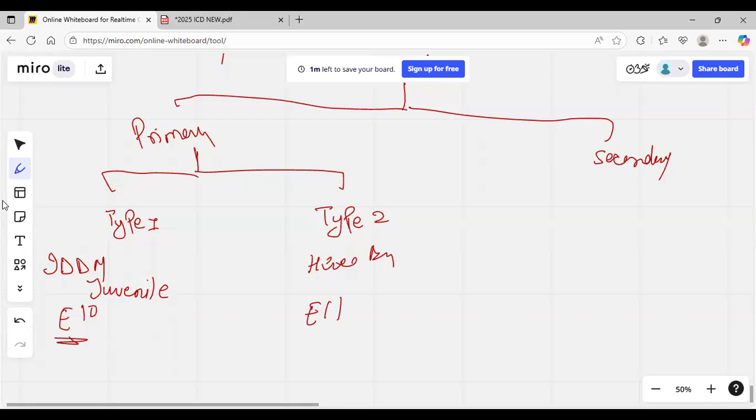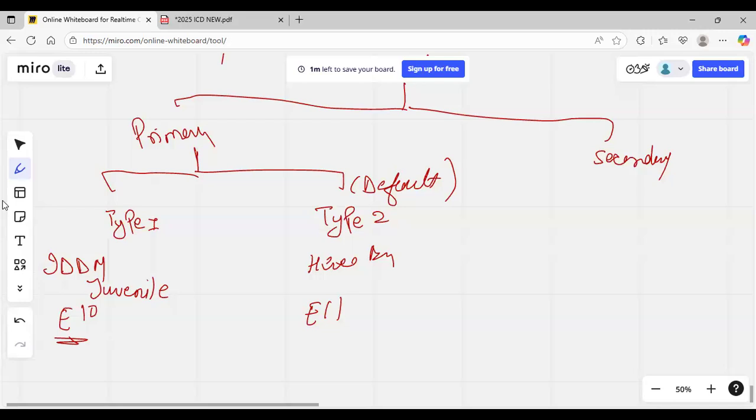When the type of diabetes is not documented, by default you have to consider it as type 2 diabetes. So whenever the type of diabetes is not mentioned, you will bill type 2 diabetes, with codes from the E11 series.